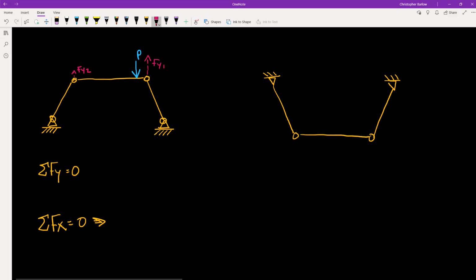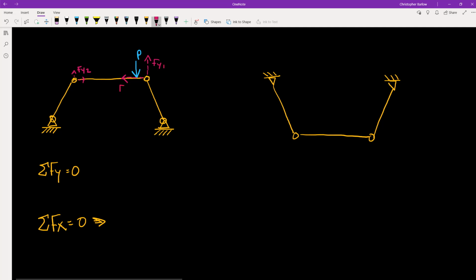And so we have a larger vertical component in this member on the right. A larger vertical component, of course, also means a larger horizontal component, or thrust, as well. Compare that to the other side, which must have a smaller horizontal thrust.